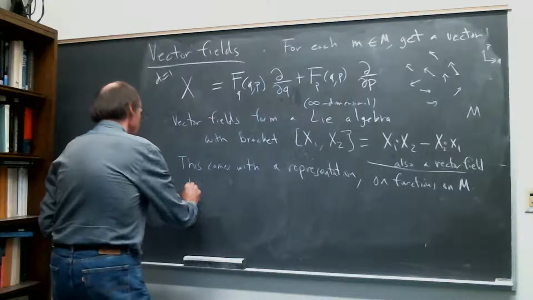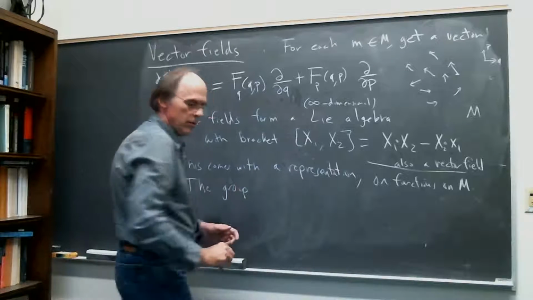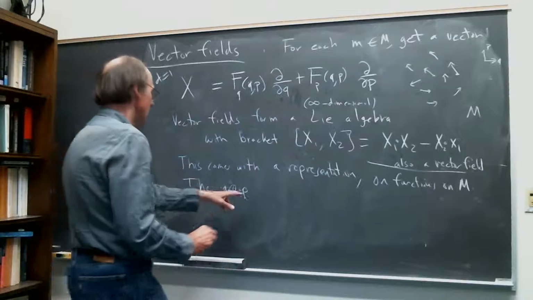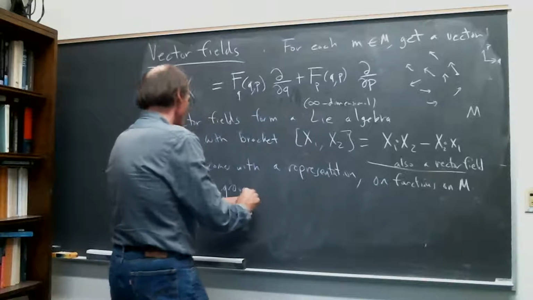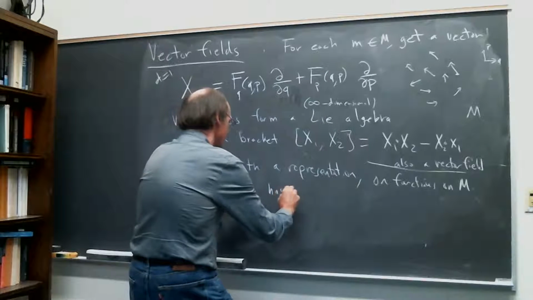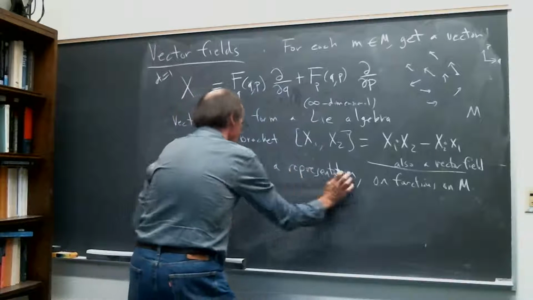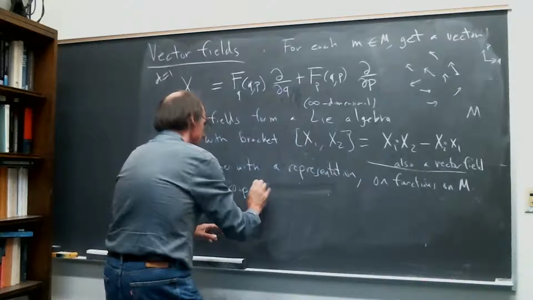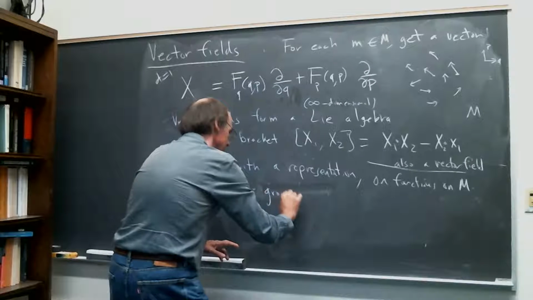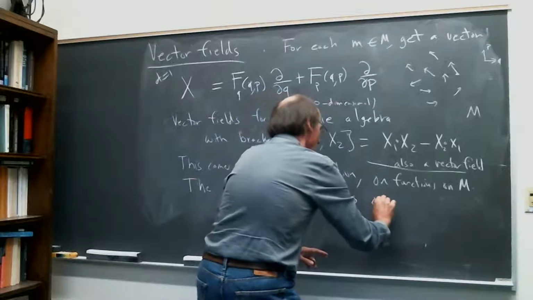So the next thing I want to say about it is that the corresponding group has elements... So let me just say this: it's the group that acts on M.